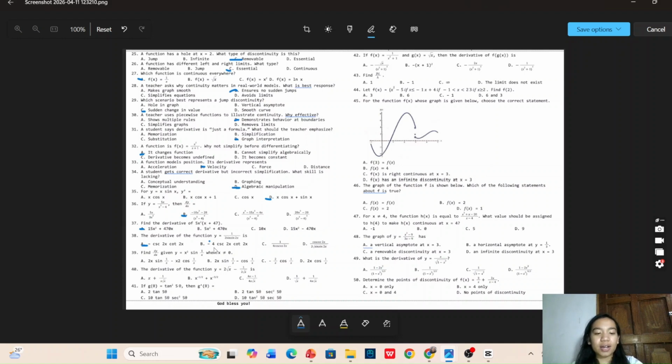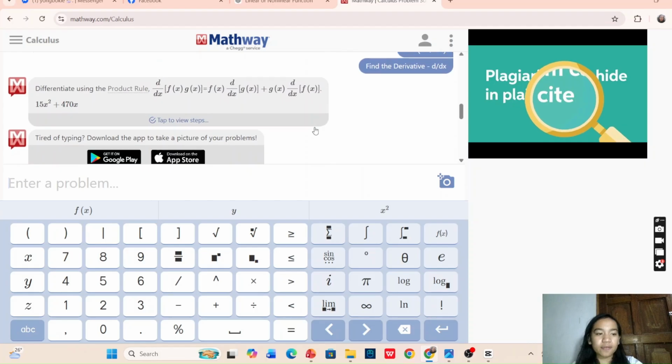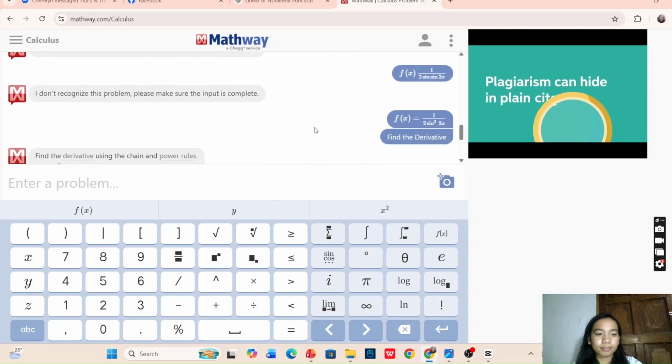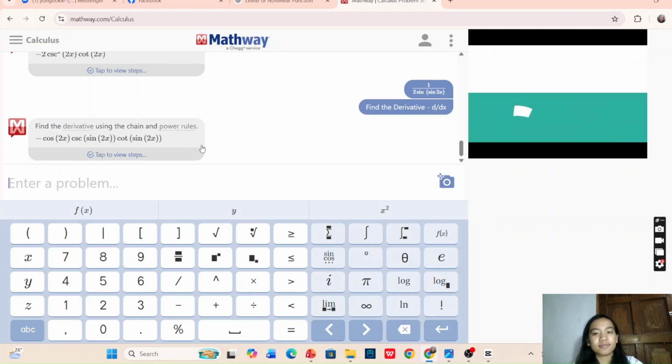The derivative of the function y equals 1 all over 2 sine times sine 2x is, so looking onto our Mathway formula, the correct answer for this is negative cos 2x CSC sine 2x cot sine 2x.